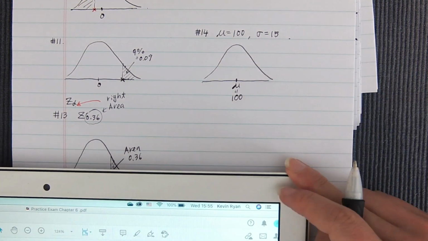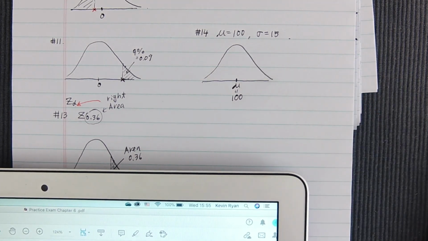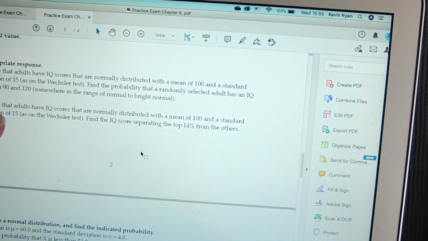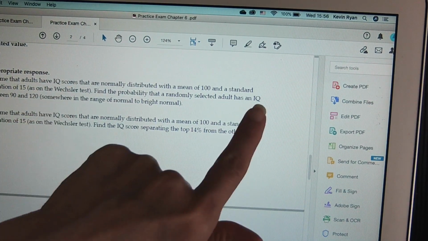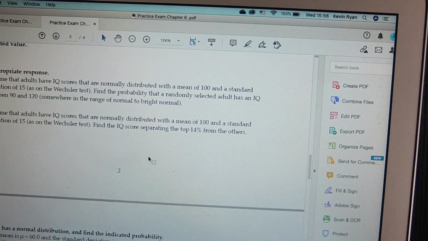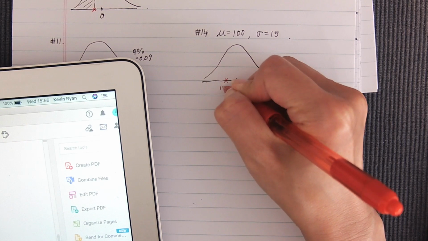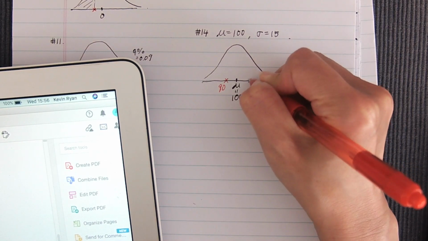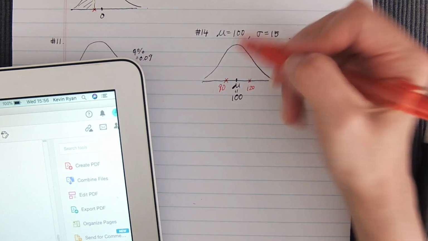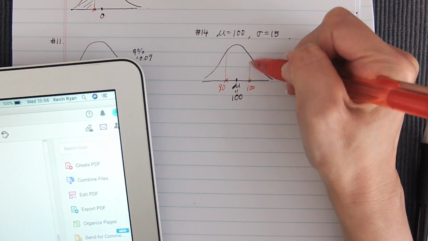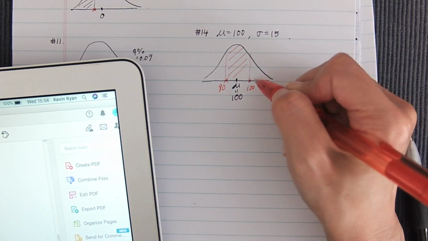If we are given a specific number, that's my center, mean. I'm looking for between 90 and 120. Here's 90, right? Then here is maybe 120, right? What's this area? Because that's area meaning its probability.